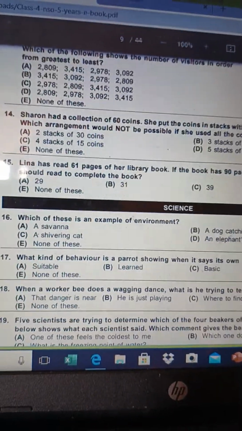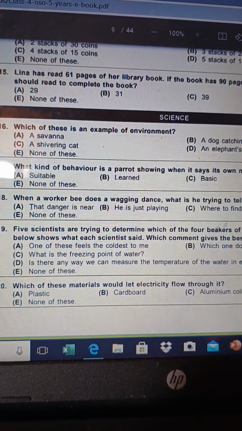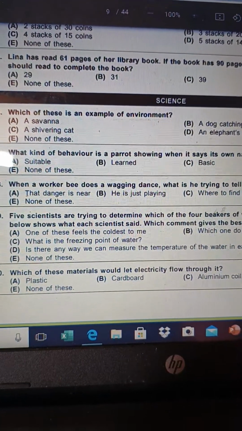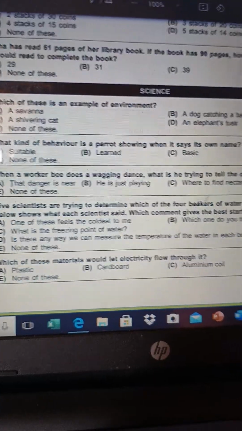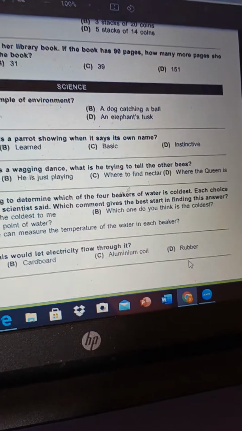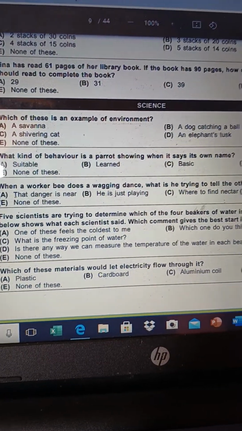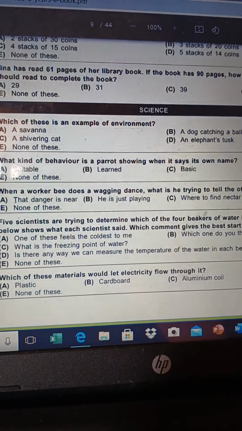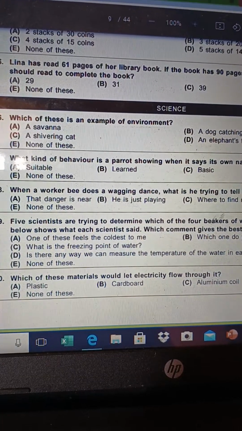So now we move to the next one, number 15. Lena has read 61 pages of a library book. If the book has 90 pages, then how many more pages should she read to complete the book? So what we have to do, the total pages are 90.